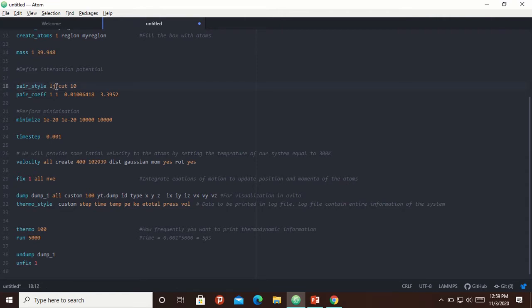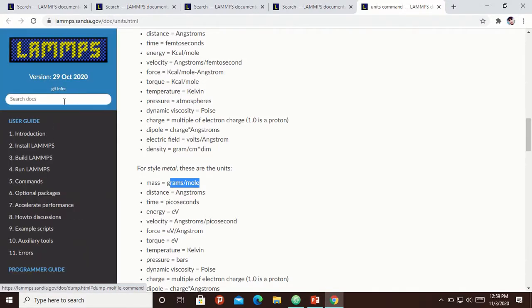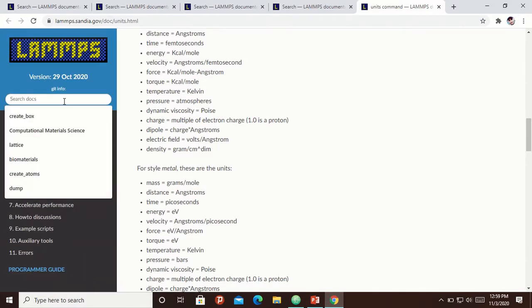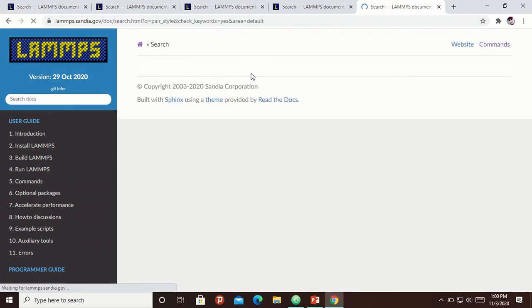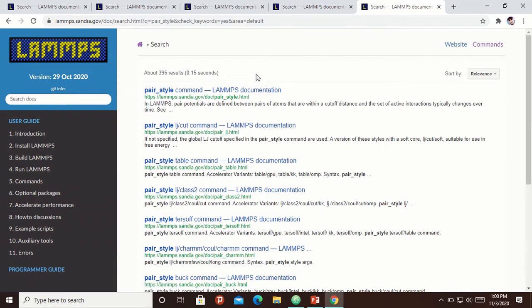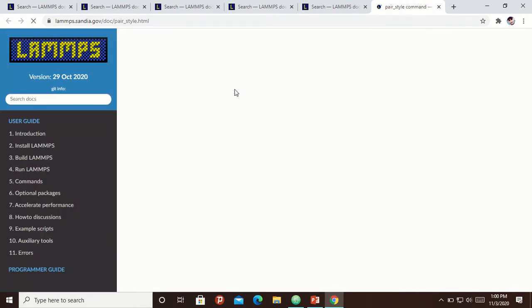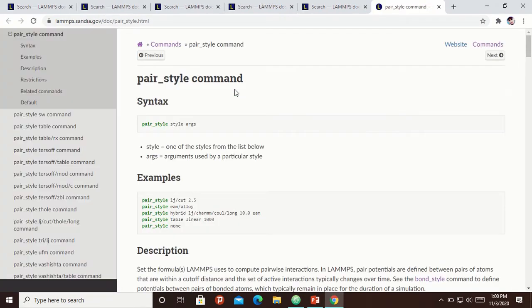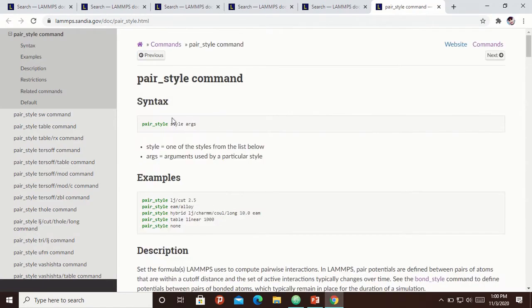After that, let me take you to the LAMMPS documentation. So it is pair style. We can have different types of pair styles for a liquid, for a solid, for a gas. In the case of noble gases like argon, we mostly use the LJ potential. So this is the syntax.